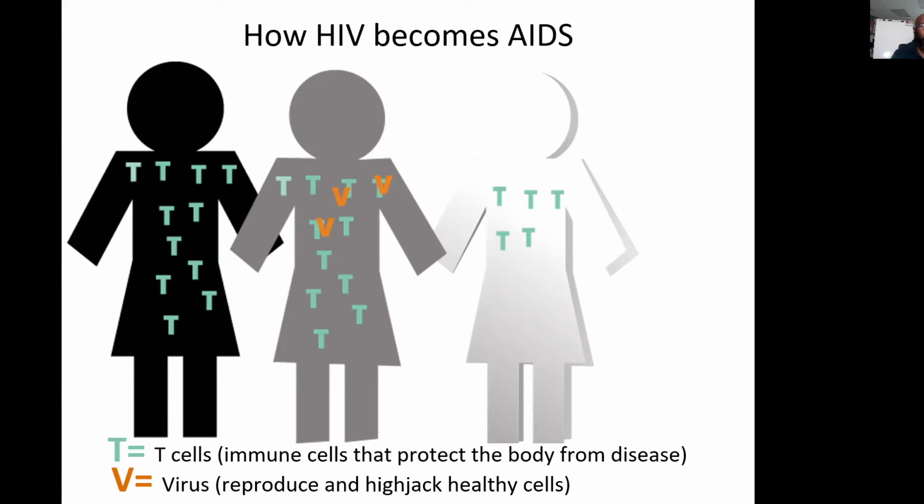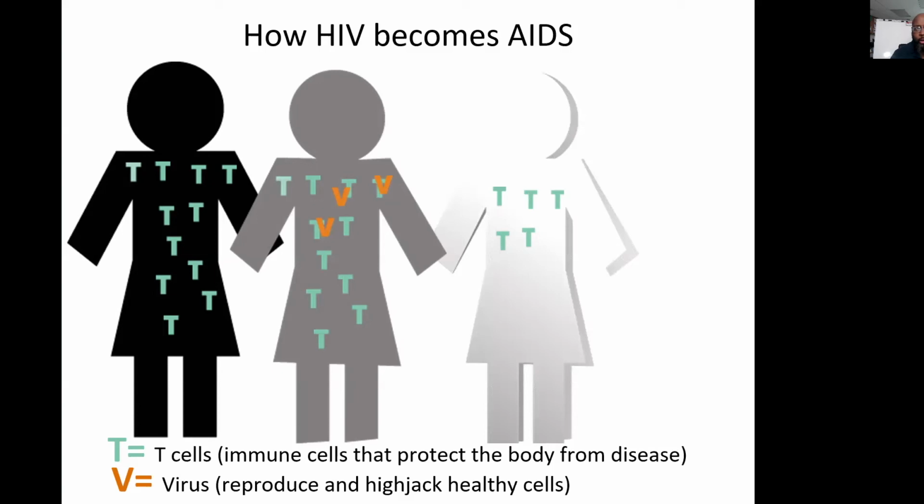So if you do not have enough T cells remaining in your body to fight off a cold or the flu as you normally would, where a cold you could typically fight off in 3 to 5 days, you'd be sick and you'd be ill, but you get better because your immune system is working. If your immune system is not working, that cold could last for weeks at a time. Or the flu might typically take someone a week or 2 weeks, depending on how severe it is.